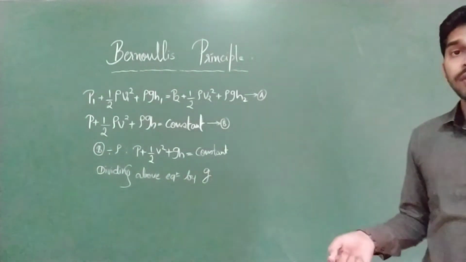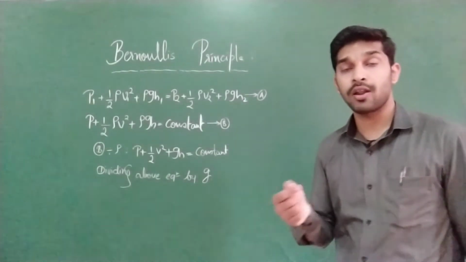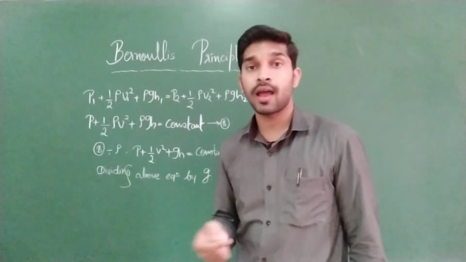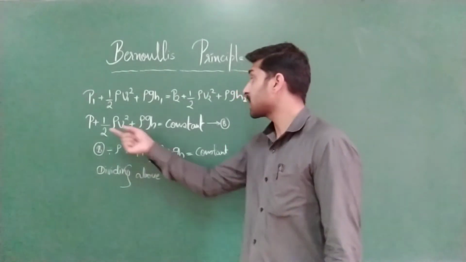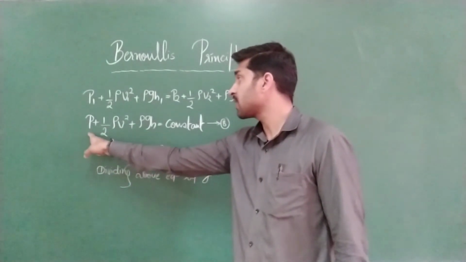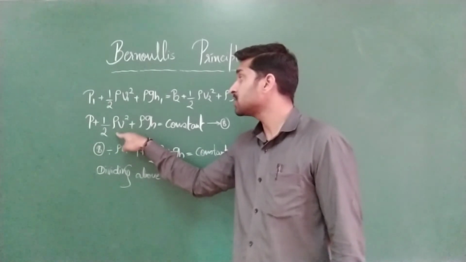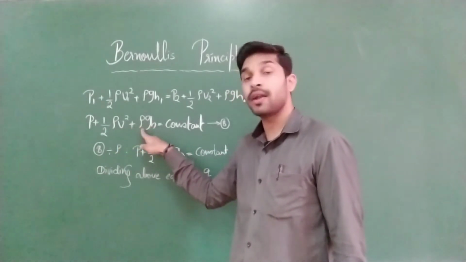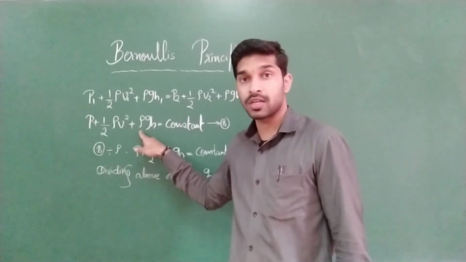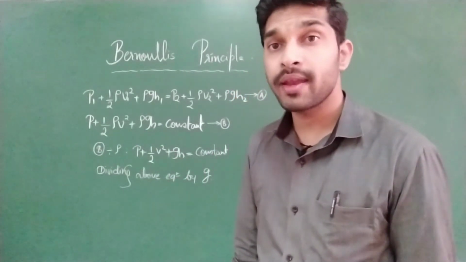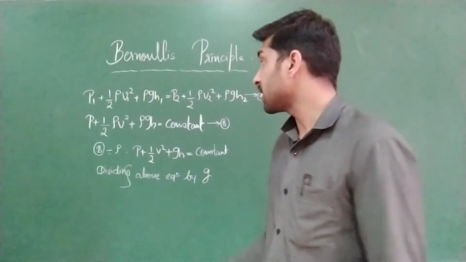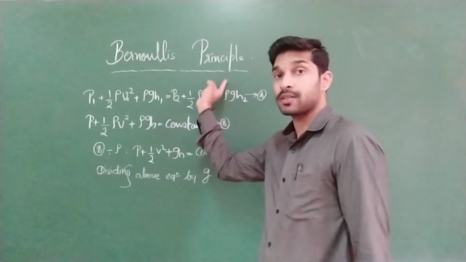Along a streamline flow, the sum of pressure, kinetic energy per unit volume and gravitational potential energy per unit volume will remain constant. Clear? That is the statement of Bernoulli's principle.